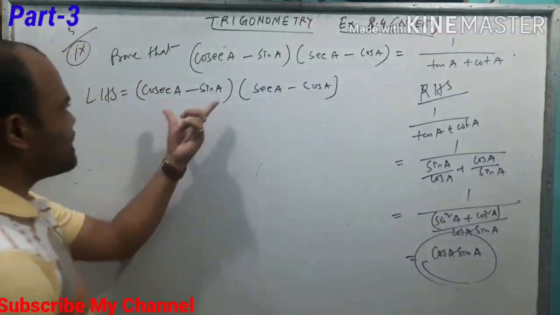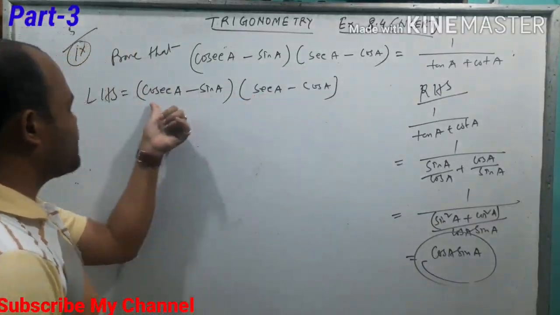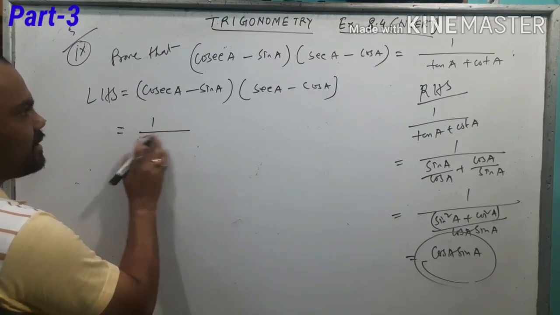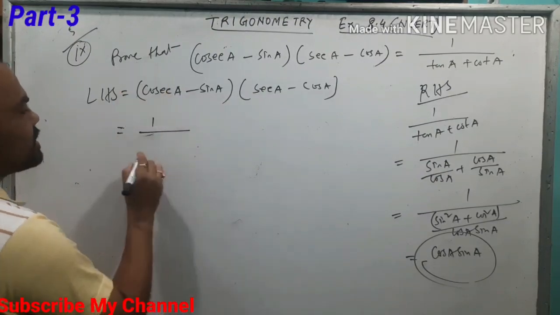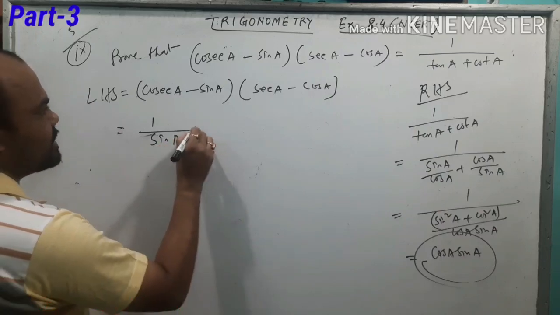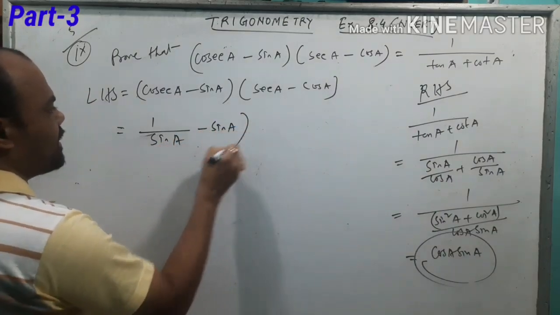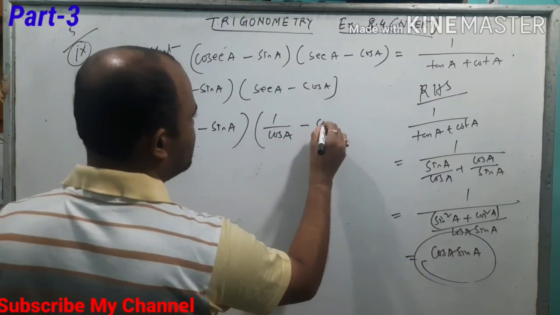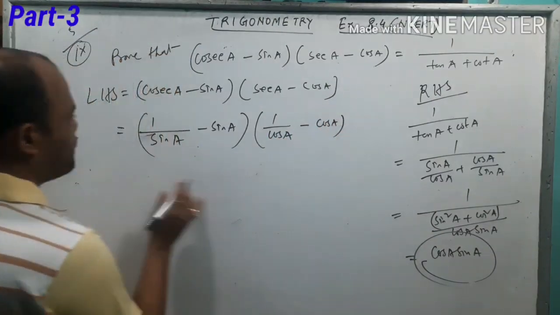Here sin is there, cos is there, and here sec and cosec. It is better we convert cosec and sec into sin and cos. So cosec is 1 by sin, minus sin a. Here it is 1 by cos, minus cos a.